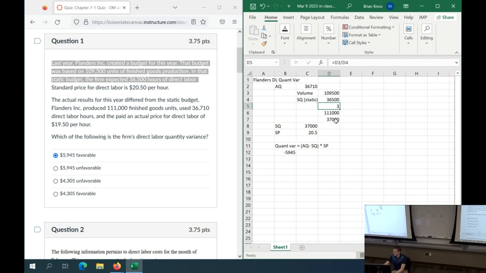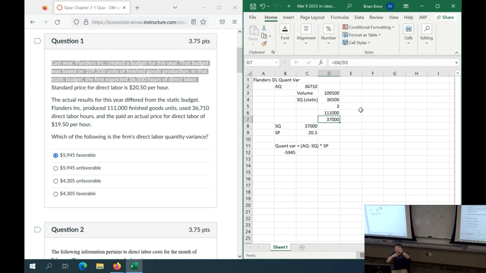So we have to take the 111,000 and divide it by the 3 instead of multiplying it by the 3. Then we'll get a number that's way off. Since I put volume over input units, and I'm trying to figure out the standard quantity of input units, I have to keep volume over 3 to get this standard quantity.